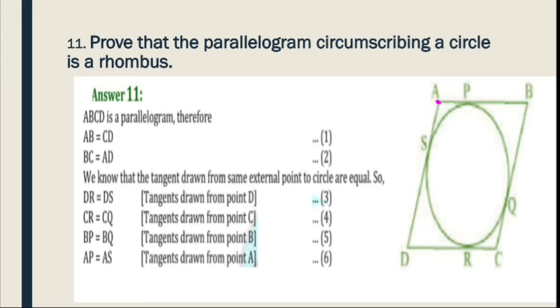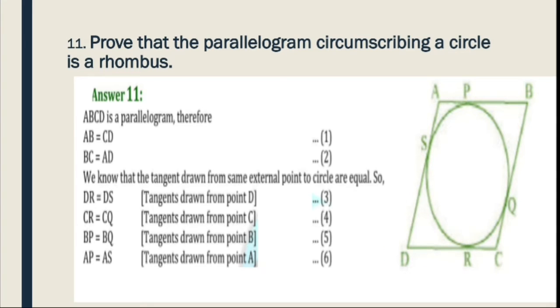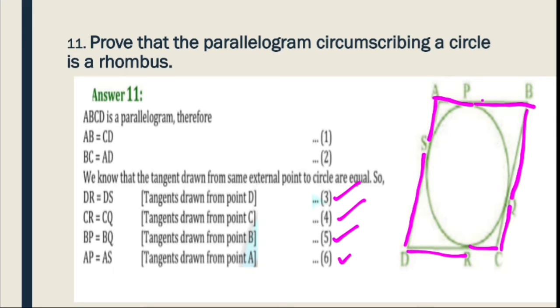So you can say that AP is equal to AS, because AB is the tangent at the point P, BC is the tangent at the point Q, CD is the tangent at the point R, and AD is the tangent at the point S. So you can say that AP is equal to AS, BP is equal to BQ, CR is equal to CQ, and DR is equal to DS. These 4 are given as equation number 3, 4, 5 and 6.